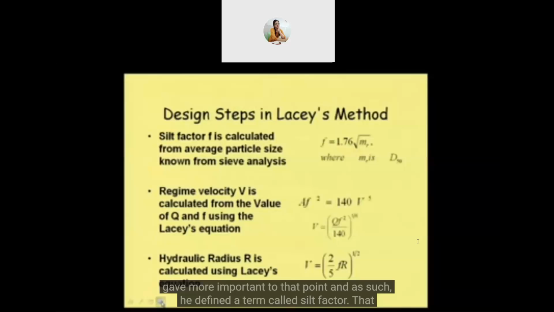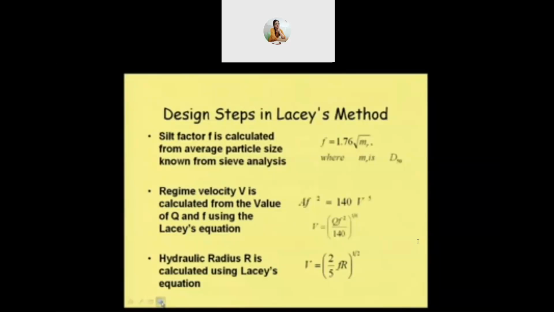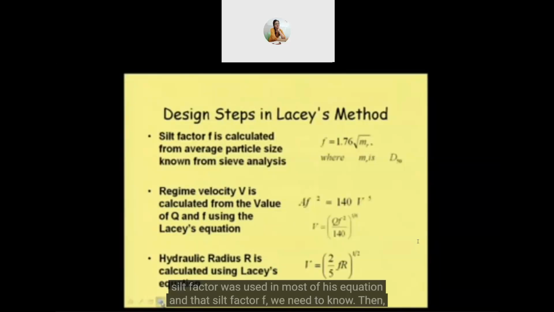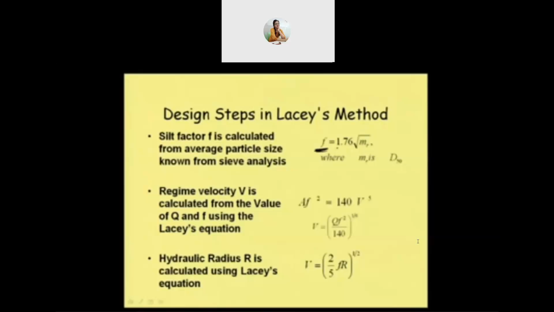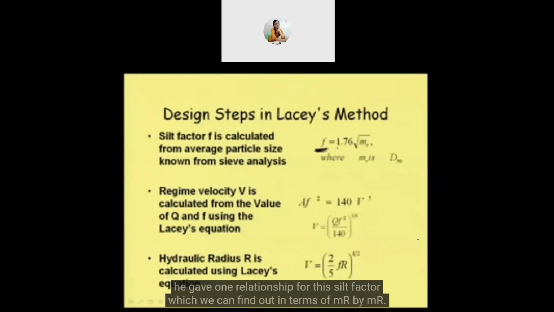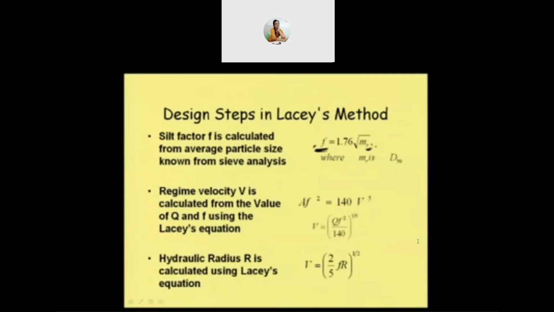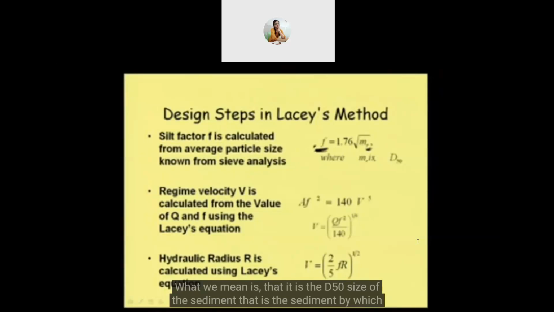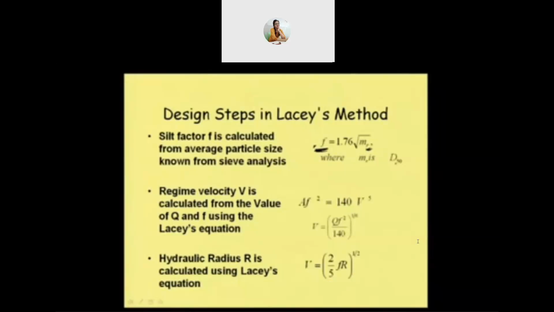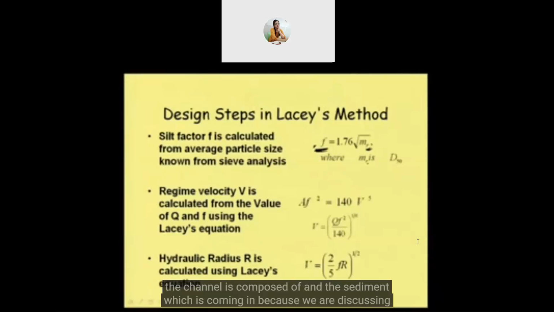So he gave more importance to that point, and defined a term called silt factor F, which was used in most of his equations. We need to know this silt factor F. He gave one relationship for the silt factor, in terms of MR.